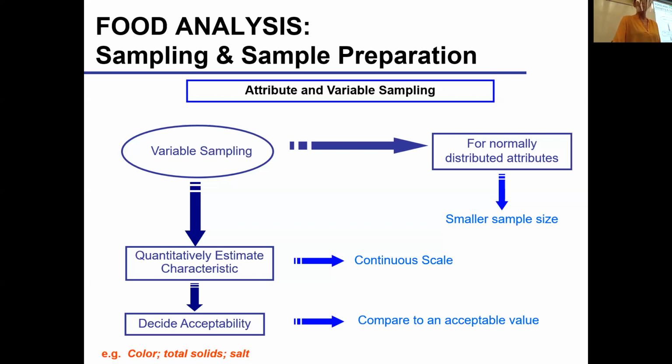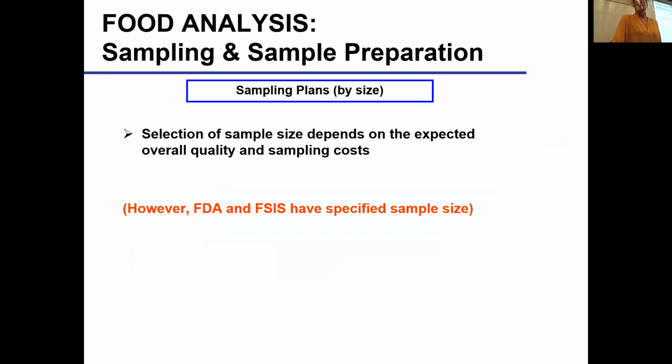Here's just an example of those. So the selection of sample size depends on the expected quality and sampling cost. These are major considerations, but we also need to take into account that sometimes we have regulations to follow. FDA and FSIS. If we look at nutrition labeling for FDA, it says a minimum of 12 samples from a lot, and that's composite sampling.